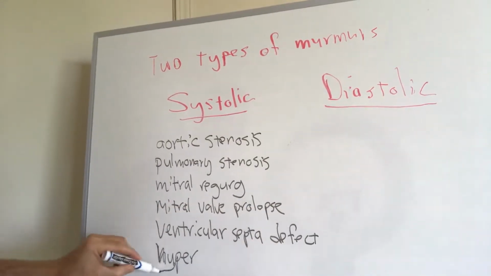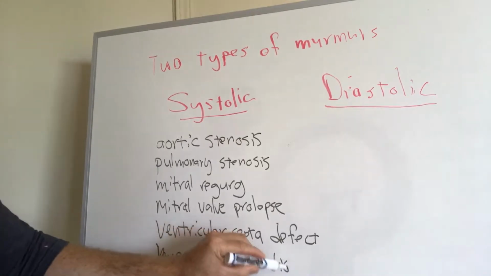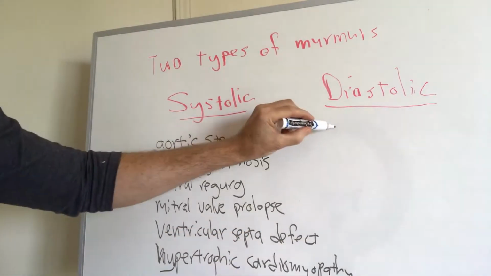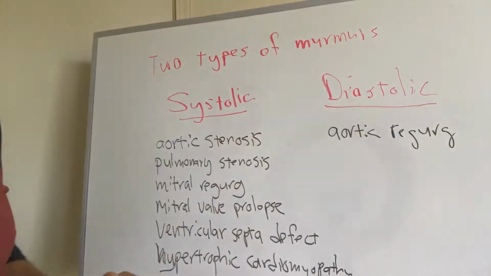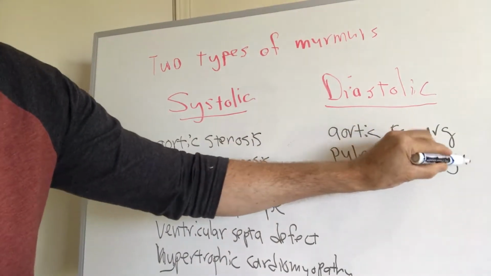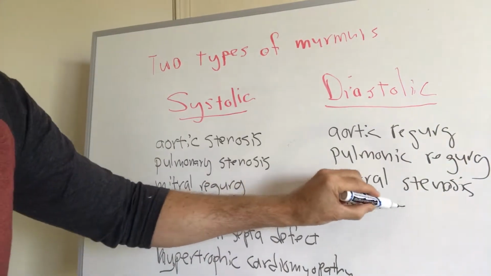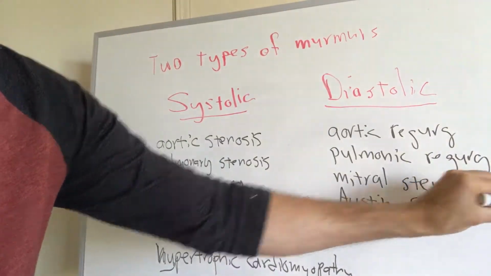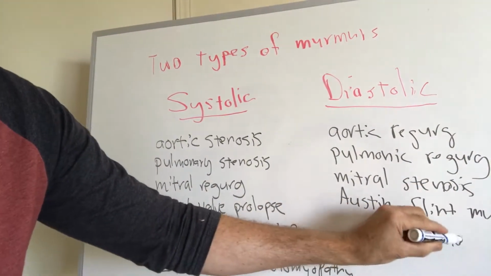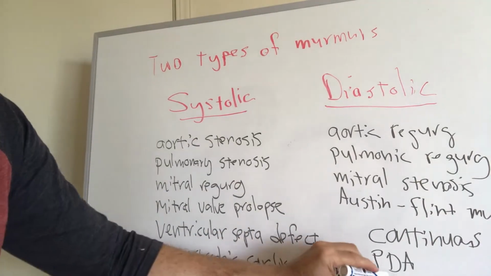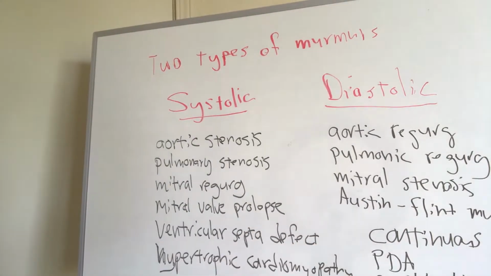And then the diastolics are divided into 4 main types: aortic regurg, pulmonic regurg, mitral stenosis, and the Austin-Flint murmur, which is basically very bad aortic regurgitation. And then you can have a 3rd category, which is the continuous type of murmurs, and that'd be PDA, or a combination of 2 different types of murmurs.